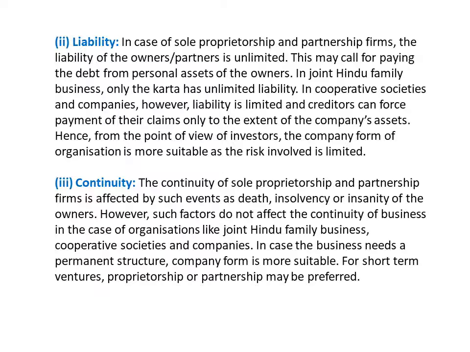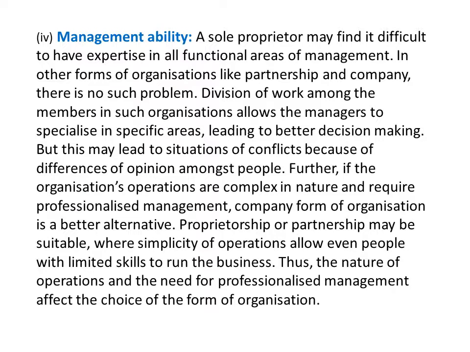Otherwise, the business cannot go on. But companies and cooperative societies are not affected by the existence of their members, and can run with the limited liability of their members.